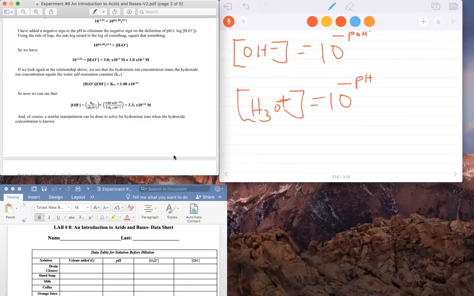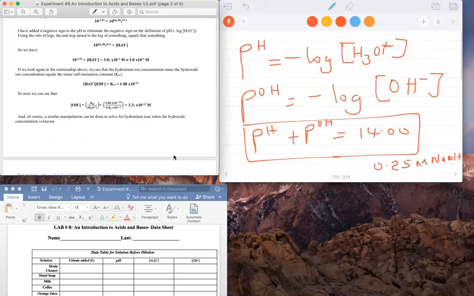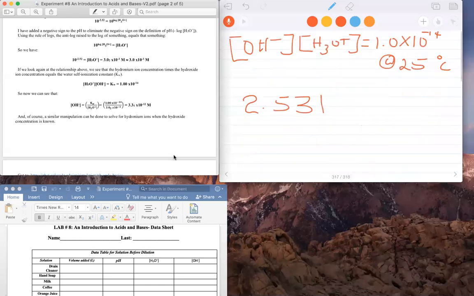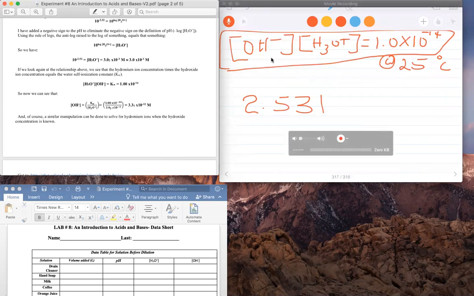This is the equation you're going to use in today's lab, this one right here. This is the equation you can use to find the relationship between hydroxide, hydronium, and the pOH.